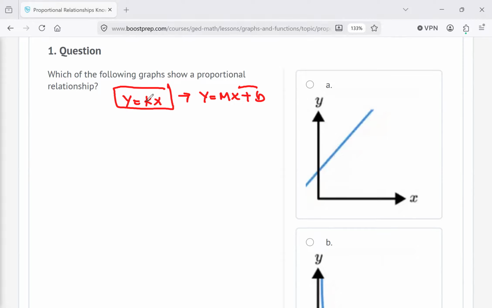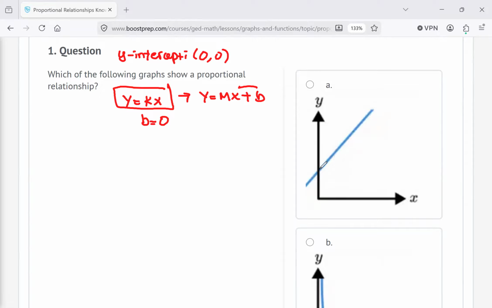It is missing b in this equation because in a proportional relationship, the b is going to be 0. So the y-intercept is 0, 0 in a proportional relationship. So there should be no b value.